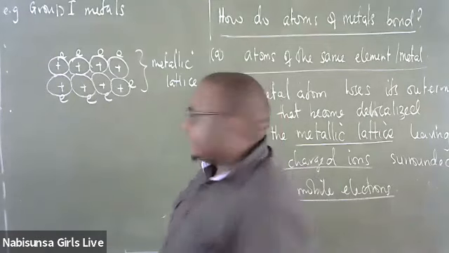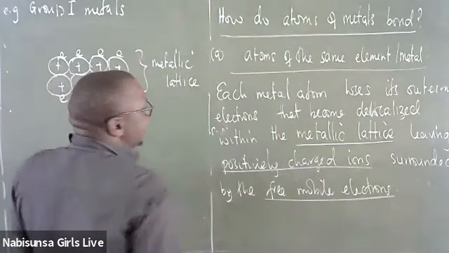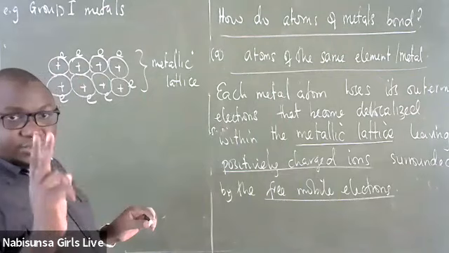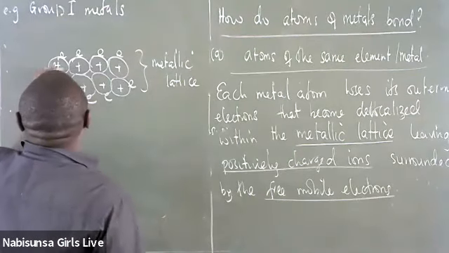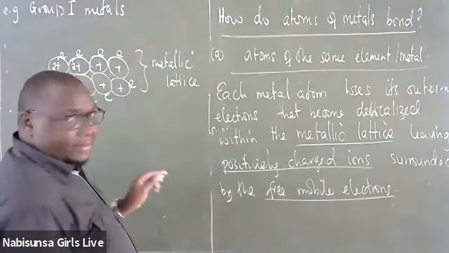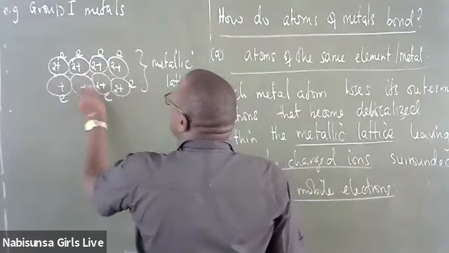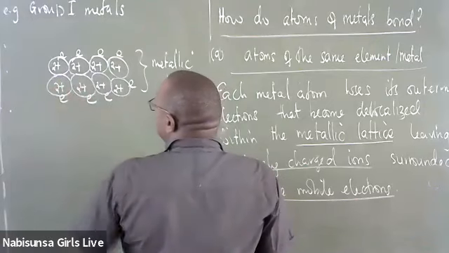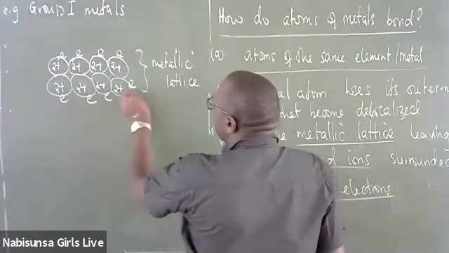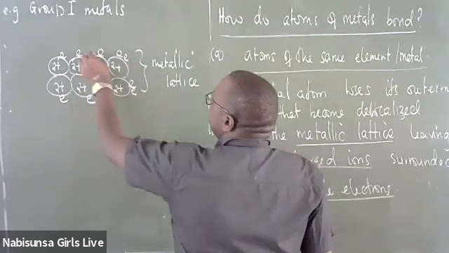Magnesium can afford to lose how many electrons? 2. I just put a 2 here because it's going to form 2 plus, not so? So I change here 2 plus, 2 plus, 2 plus. That is for group 2 elements. So how many electrons is each one losing? I add an extra one here.